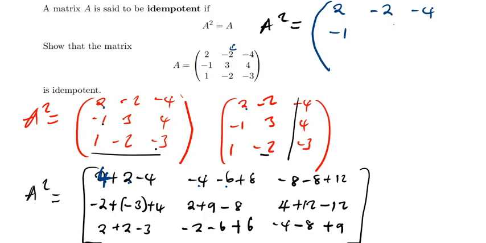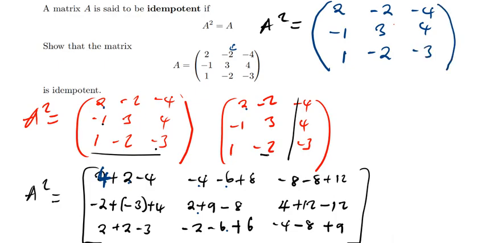This one, 11 minus 8 is 3. Then we have 12, 12 minus 8 is 4. Then here we have 4 minus 3, that is 1. Then here we have negative 8 plus 6, negative 2. Then negative 12 plus 9, that is negative 3.